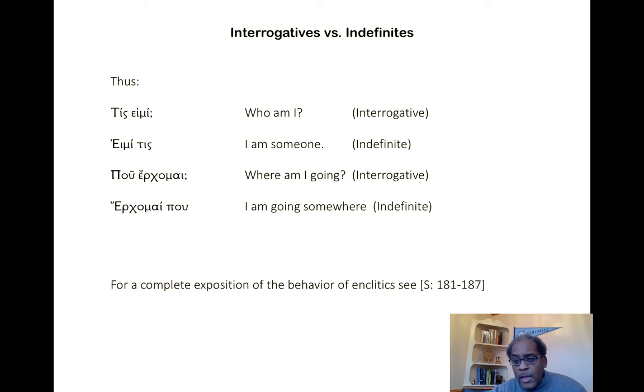Okay? Now, Smyth exposits the behavior of enclitics in all of its glorious detail in sections 181 to 187. And you might look at that. I remember learning about enclitics and having to read those sections again and again and again to get straight in my mind how they behave. And there's no shame in that.